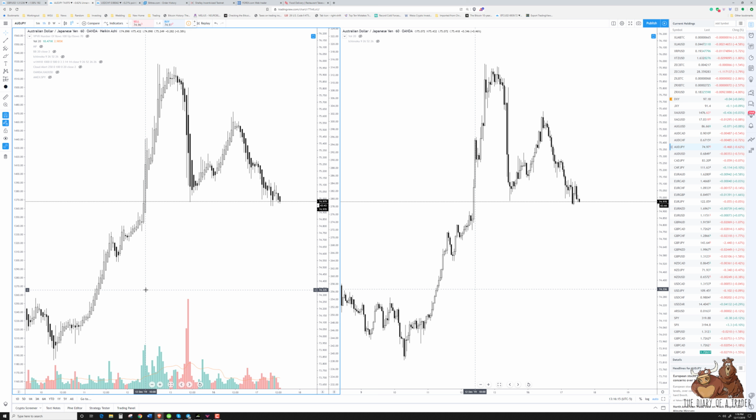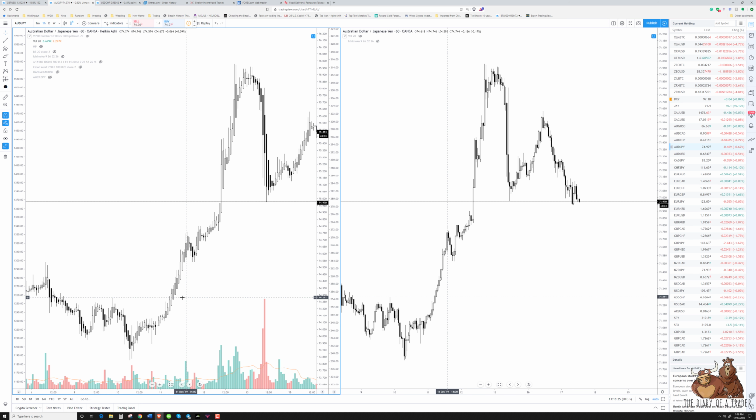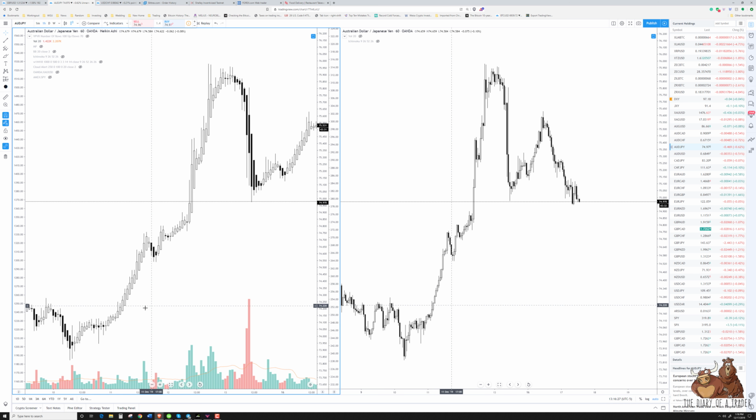So Heiken Ashi was a way to take the Japanese candlestick style and create a sort of moving average. On the left side of the screen, there is a somewhat constant and consistent move, a smooth move, I would say.